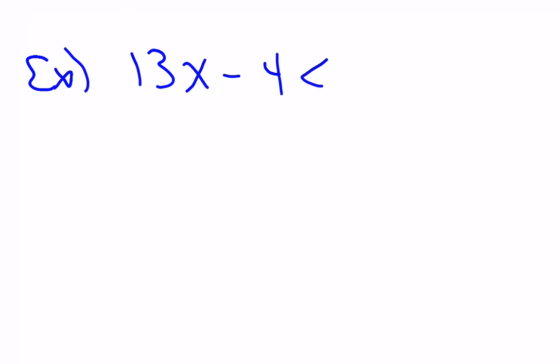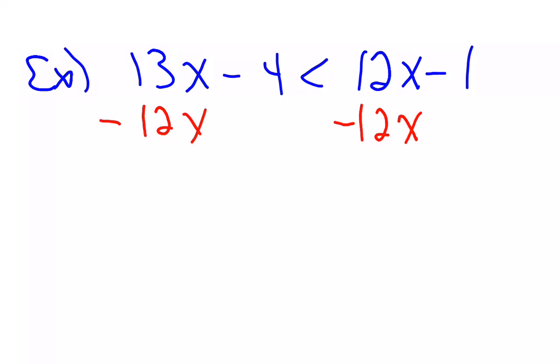Next example. Solve the inequality. 13x minus 4 is less than 12x minus 1. Again, solving is the same process. So I'm going to move the 12x to the other side. It was positive, so I'm going to subtract it so that we have 12x minus 12x is 0.